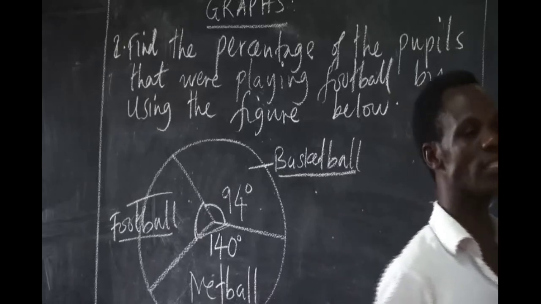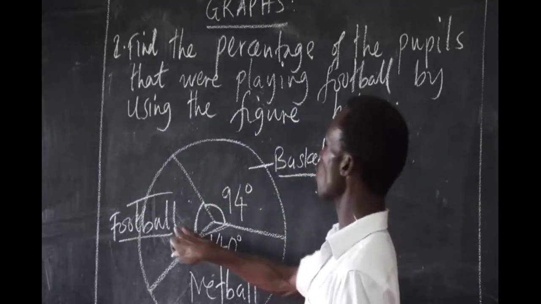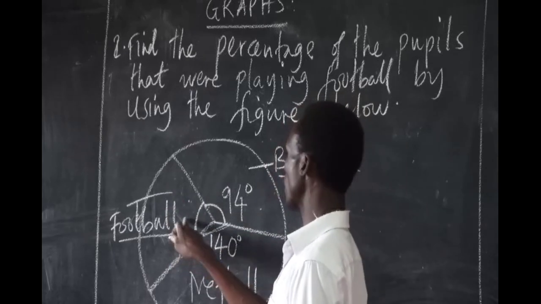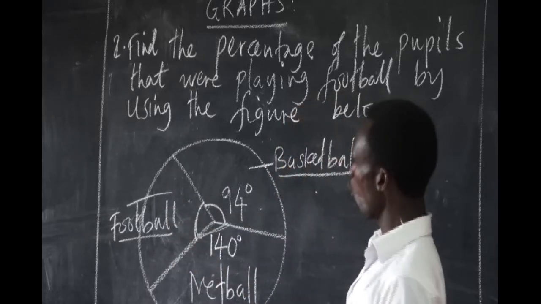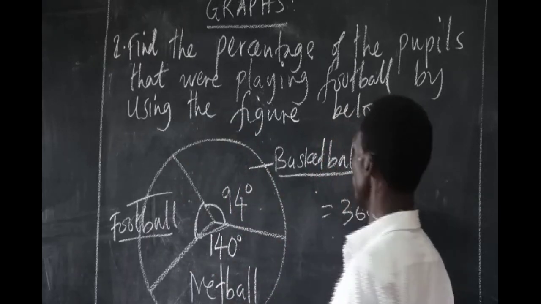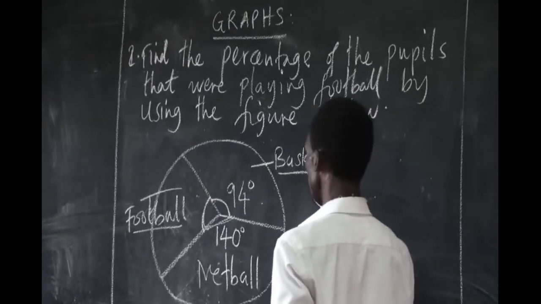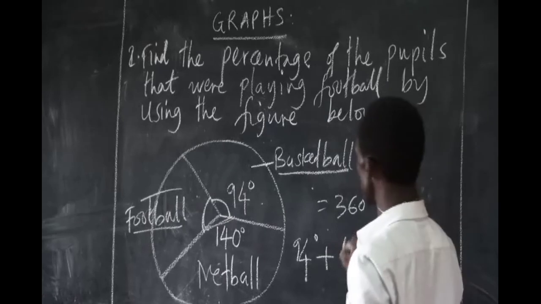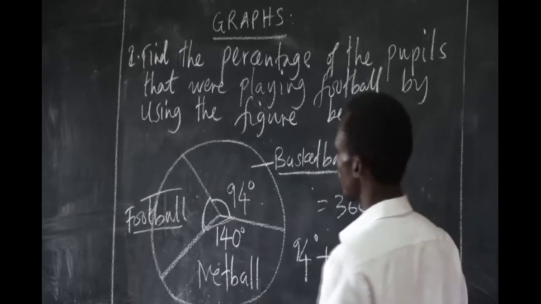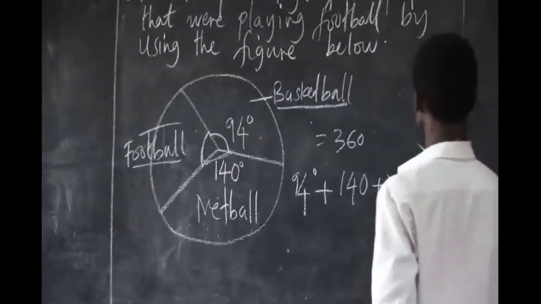If there is nothing, it is our duty to find out what is missing. We cannot calculate the percentage of the pupils that were playing football without first calculating the degree used to represent football. The total degree of the circle is equal to 360. So the portion of basketball, which is 94 degrees, plus the portion of netball, which is 140, plus the portion of football, represented by letter X, is equal to 360.